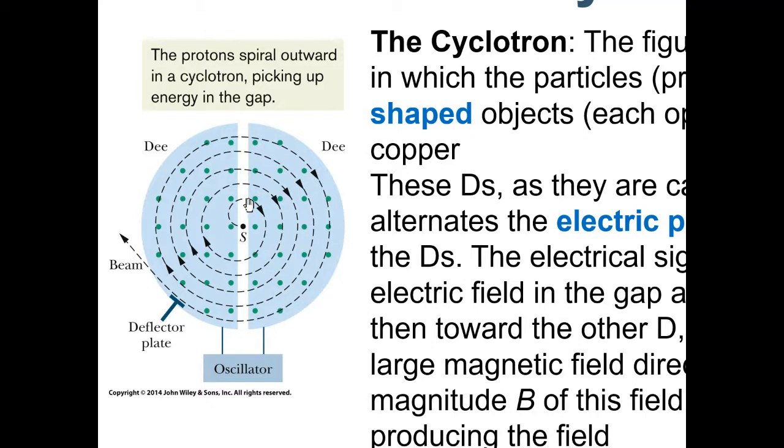Then it enters the right hand side again, and then it will be another circular motion. So it goes into another half of a circle, and then goes into here. Then here the E field is pointing to the left, so it accelerates again.